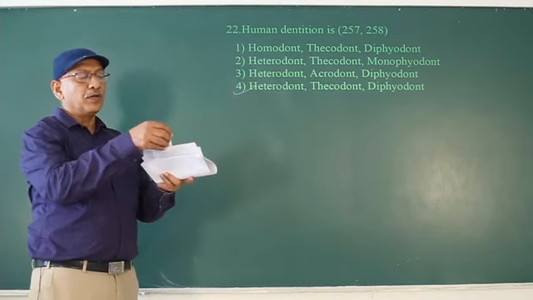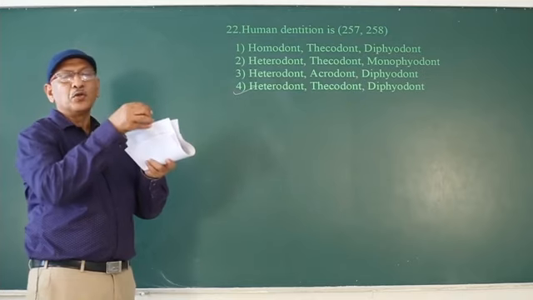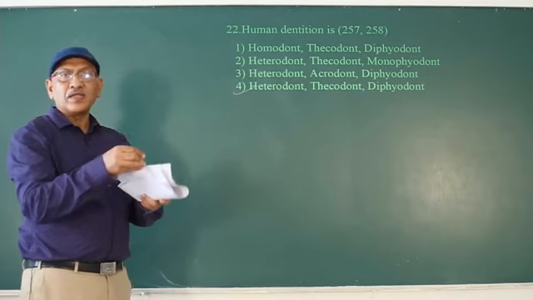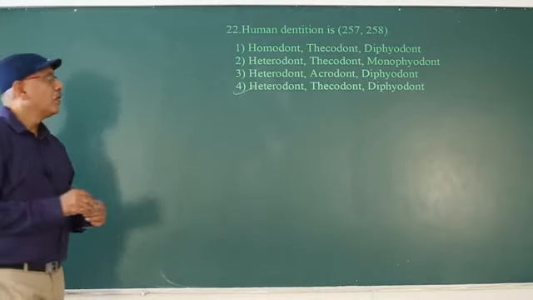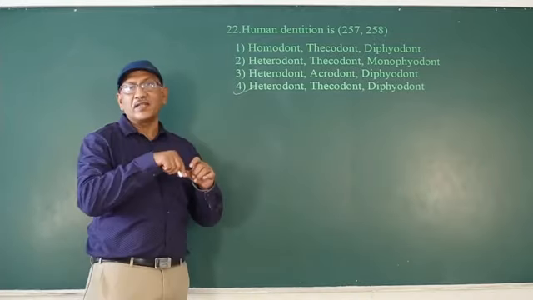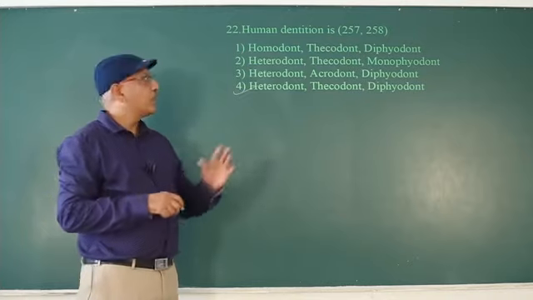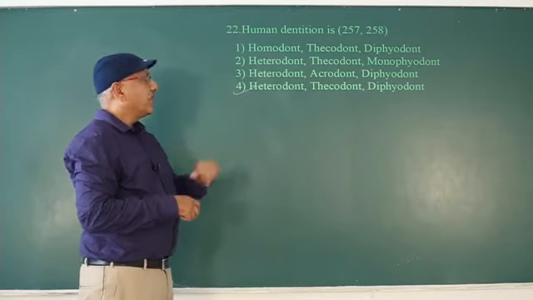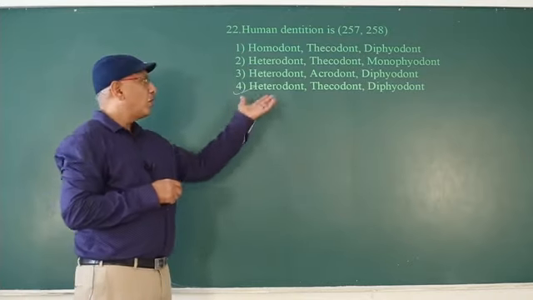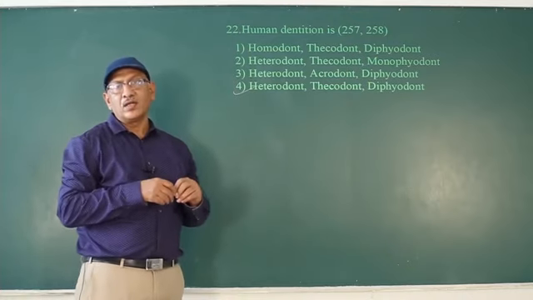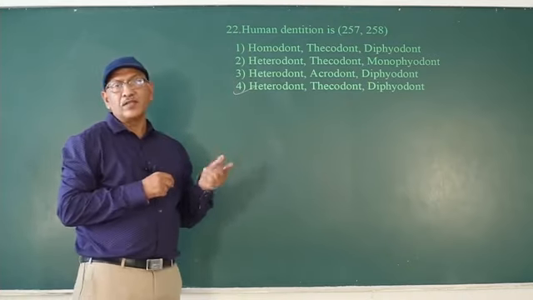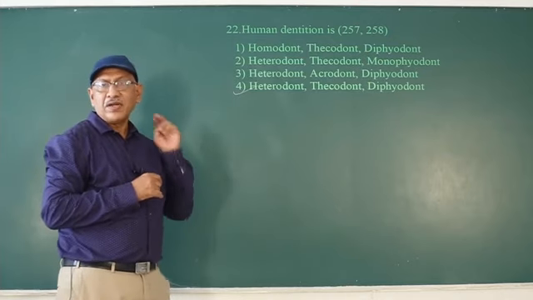Part of the tooth fits into the socket; one third of the tooth, the root, is present in the socket. So the teeth are strongly attached to the jawbone. Hetero means different, four types of teeth are present, heterodont. What is diphyodont? If teeth are formed twice, it is known as diphyodont.